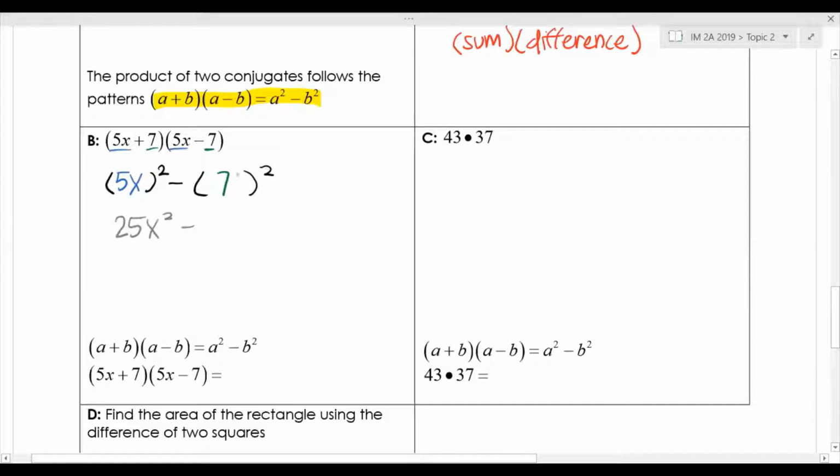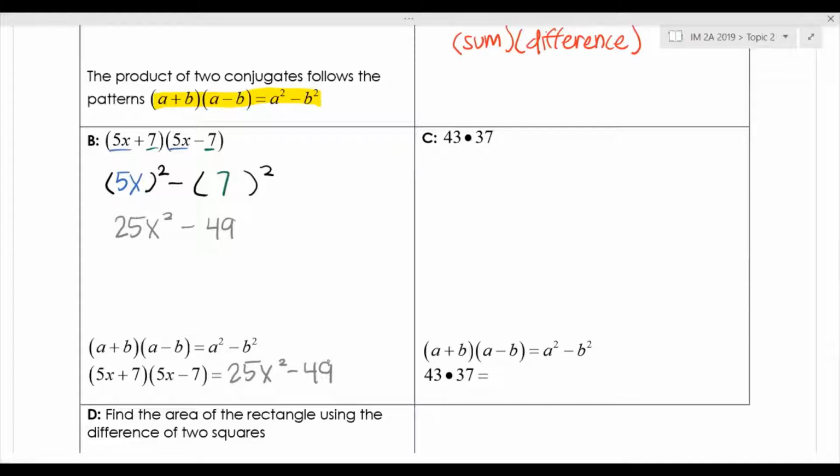And 7 squared is 49. So it's going to be 25x squared minus 49, the answer of our difference of two squares.